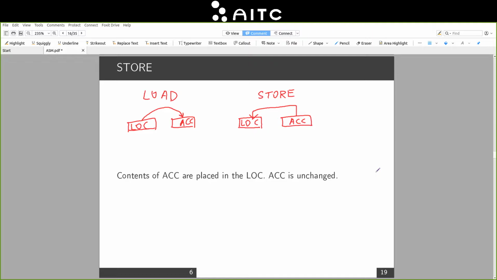Either ACC or LOC doesn't change in the operation. Please look at the LOC, the immediate data. Could you patiently explain what LOC means? LOC means immediate data, for example the number you want to assign to the variable.